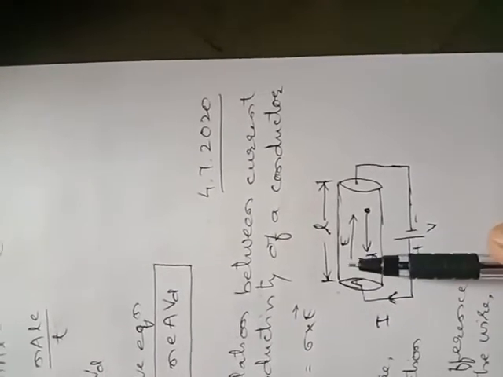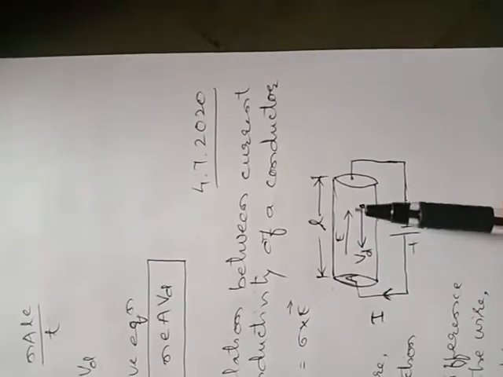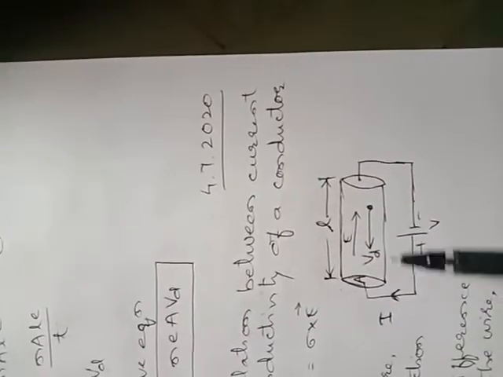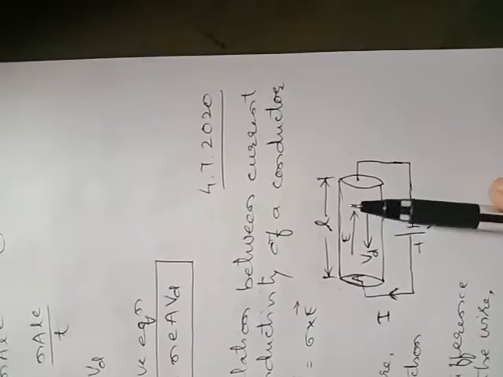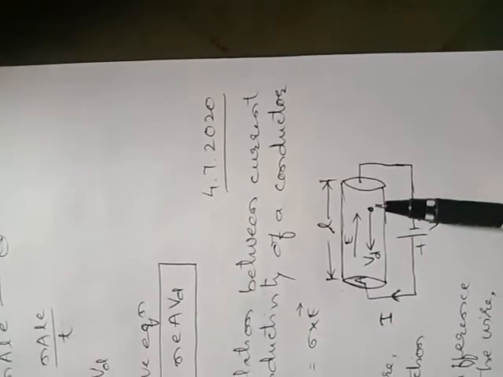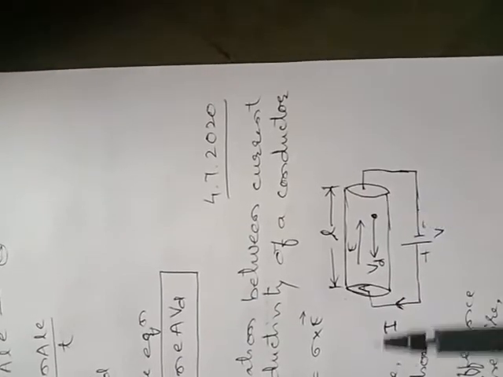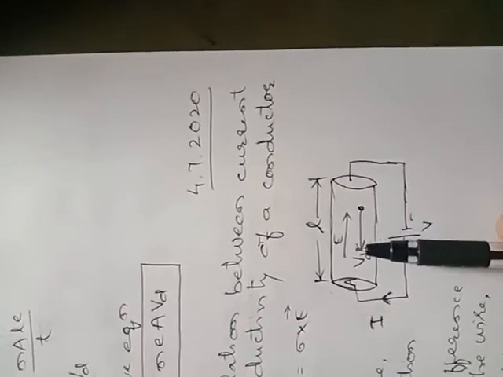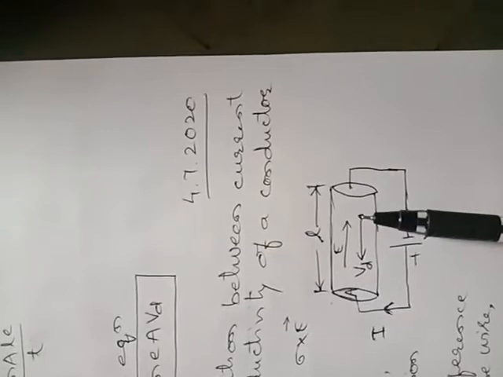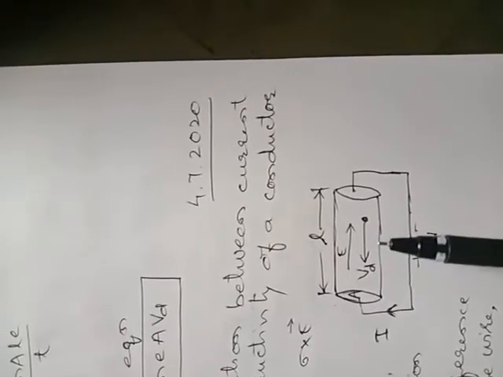The electric field will be in this direction, from positive terminal to negative terminal. But the electrons present in this conductor will start drifting in the opposite direction of the electric field.